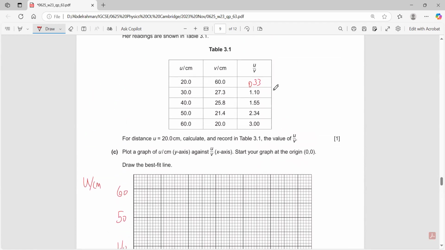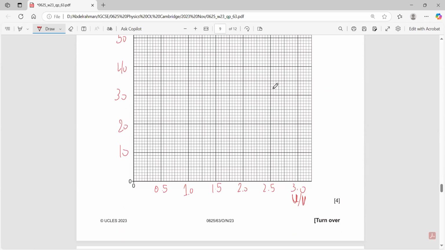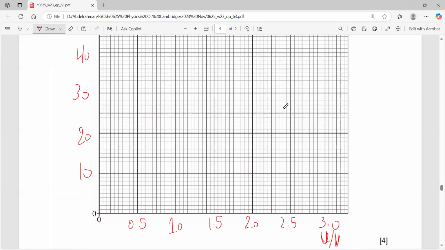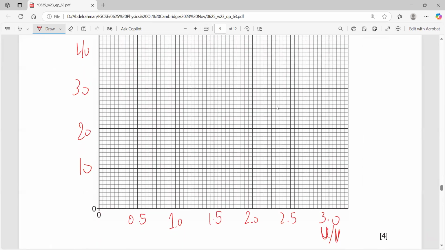Now, 20 with 0.33. Let me zoom in a little. Where is 0.33? So this is 3. This is 20 and 0.33.